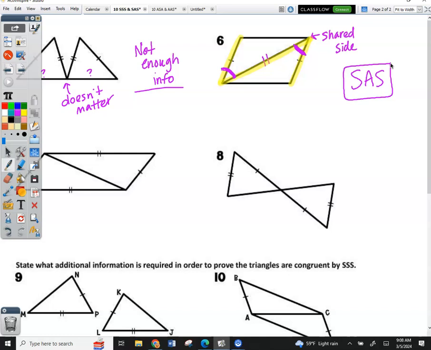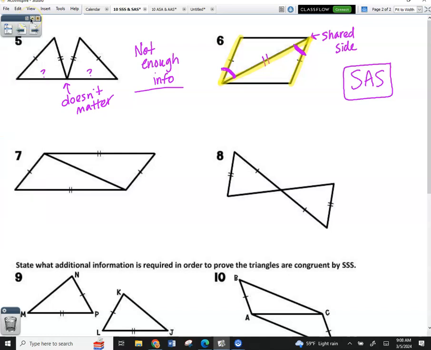All right, come down here to this one. Is it sneaky? Hannah, sneaky or not? It is sneaky. Savannah, what did you mark? Yep, there's a shared side right here.